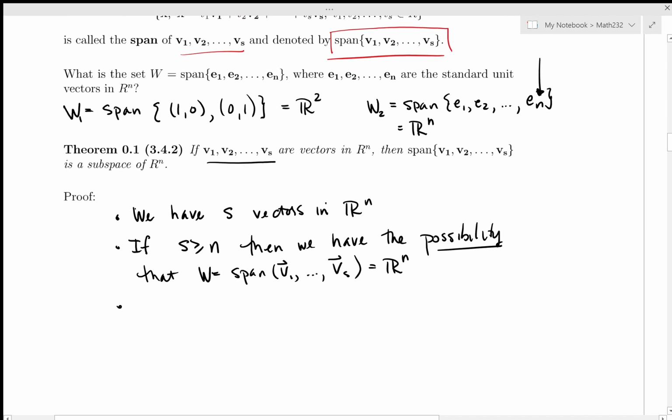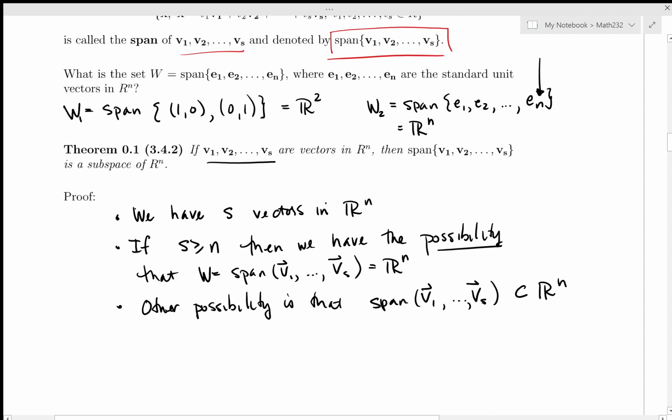The other possibility here is that the span of V1 through Vs is a subset of Rn.